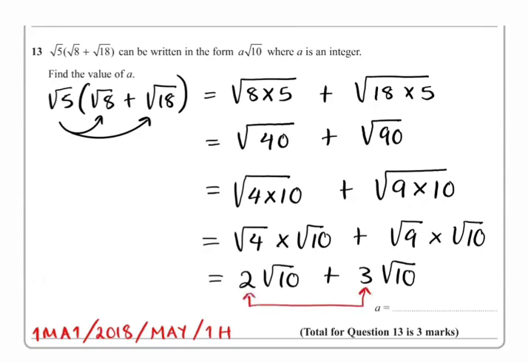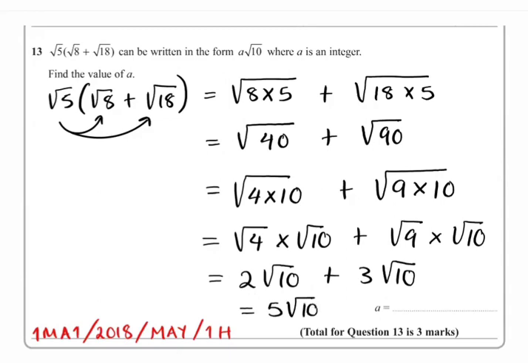So I have 2 root 10s plus another 3 root 10s. That's going to give me a whole 5 root 10. Okay, so you can watch my video on simplifying surds, where I go in depth on how to simplify surds. But for this question here, rounding up, we have 2 plus 3 is a whole number 5 multiplied by root 10.